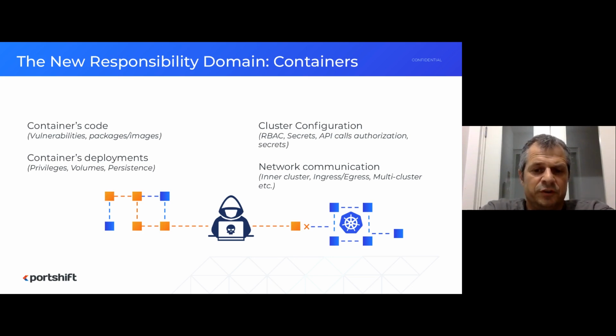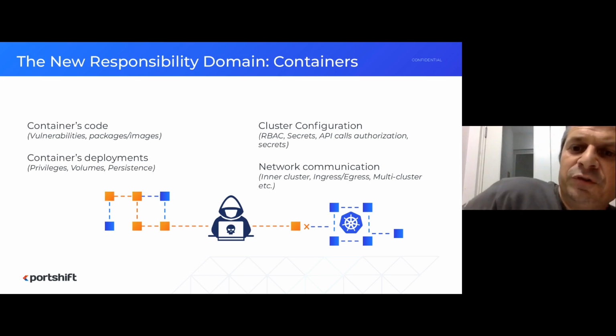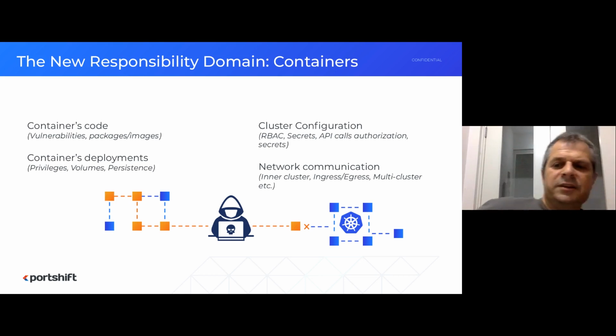We also need to configure who can access from the outside, what we want to expose, and what we want to authorize, especially if we want to create multi-cluster communication, or communicate with cloud services. We want to maintain some level of security on the network itself.